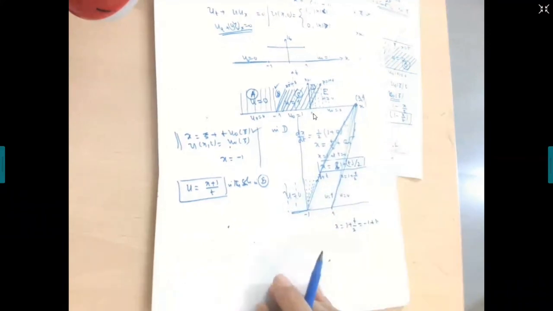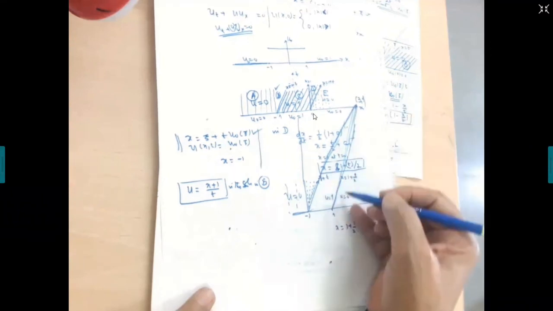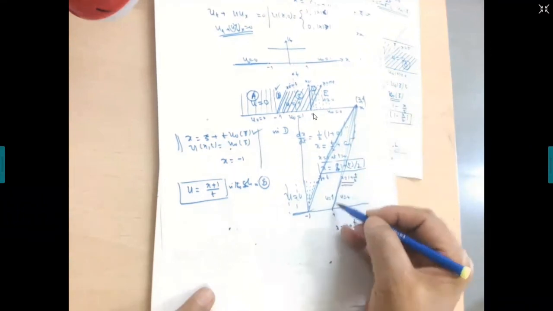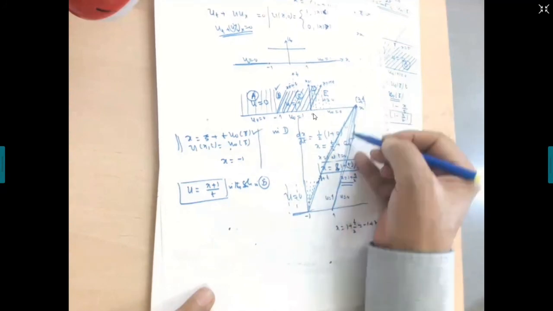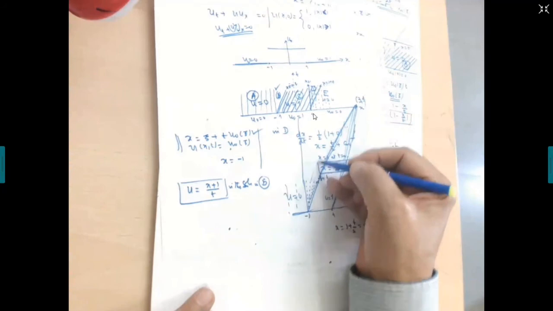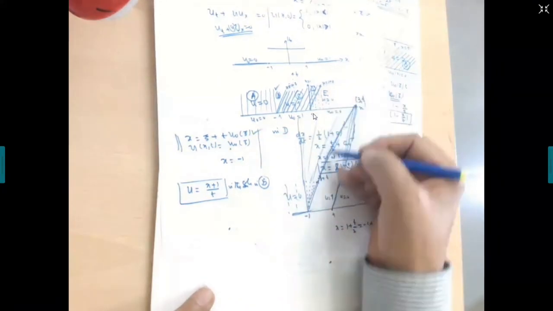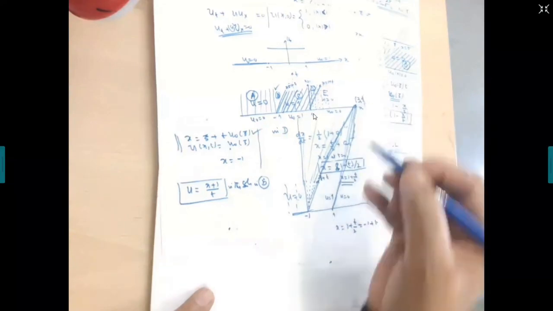So you see, this is the shock. This is a straight shock, x is equal to 1 plus t by 2, right? And when it is overtaken by this fan, same thing, this is the fan which is going to overtake it at this point.